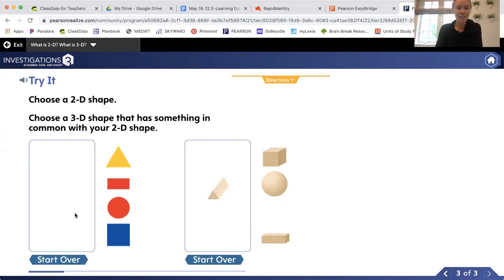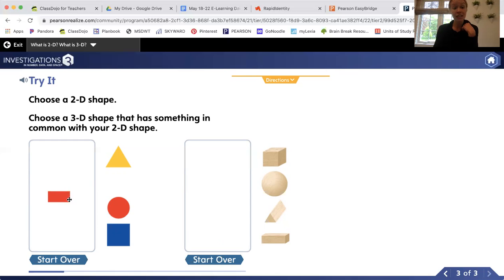Okay, let's go ahead and do the next shape. So I want you to turn to someone at home and tell them what shape this is. Yeah, that's a rectangle. And we know that it's a rectangle, not a square, because not all of the sides are the same. The top and the bottom sides of this shape are both longer.